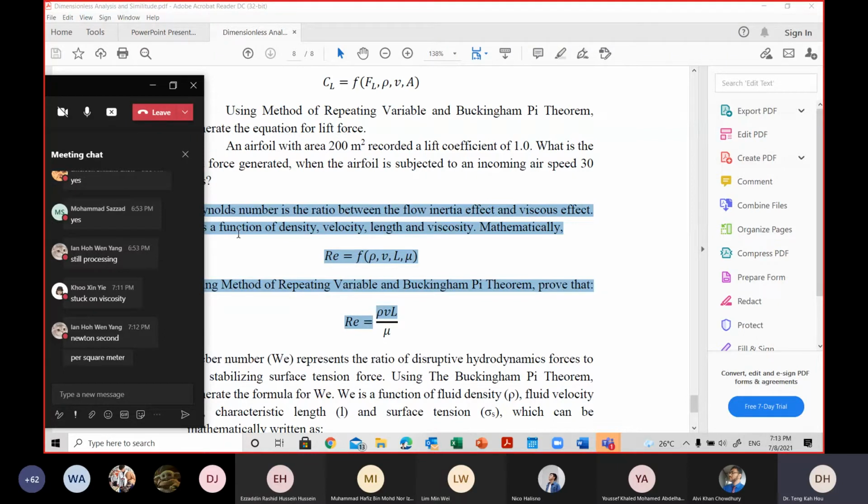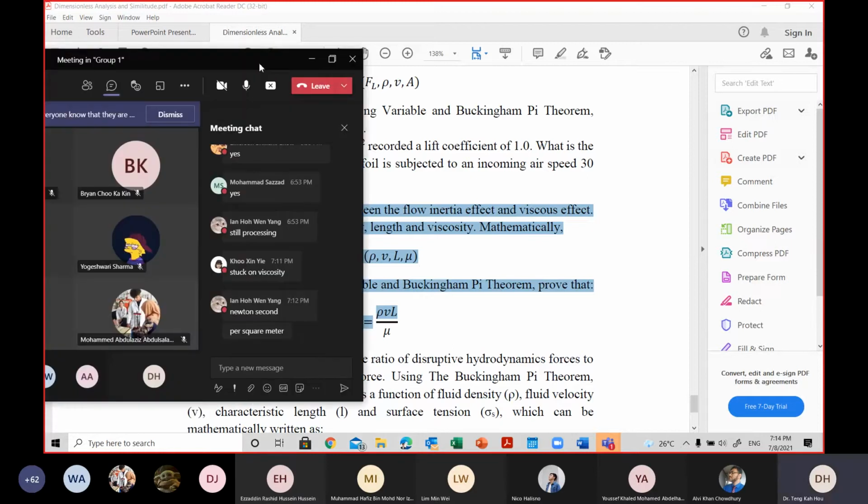If you leave it empty, it's something out of my control, and I don't know what I can do to help you. So keep on writing until the end, then it should be fine. Okay, so continue with that. Anyone passed through the viscosity and got stuck at the next step? No.